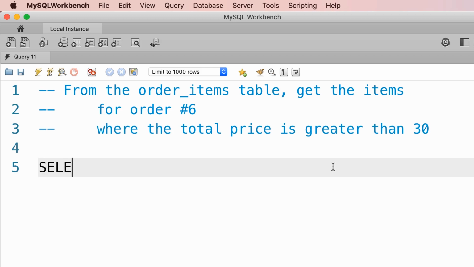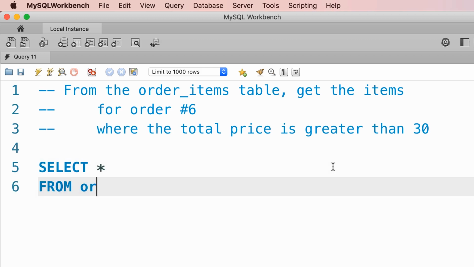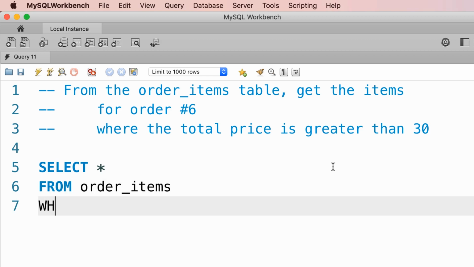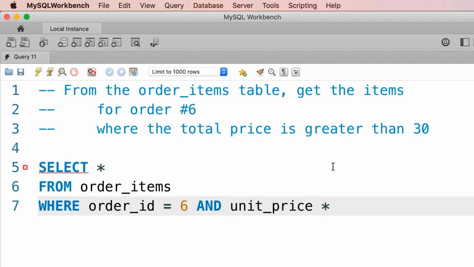SELECT star FROM order items, where here we need two conditions. One is for the order, so order underline ID should be 6. And the second condition, we want to calculate the total price. So we get the unit price, multiply it by quantity, and this value should be greater than 30.